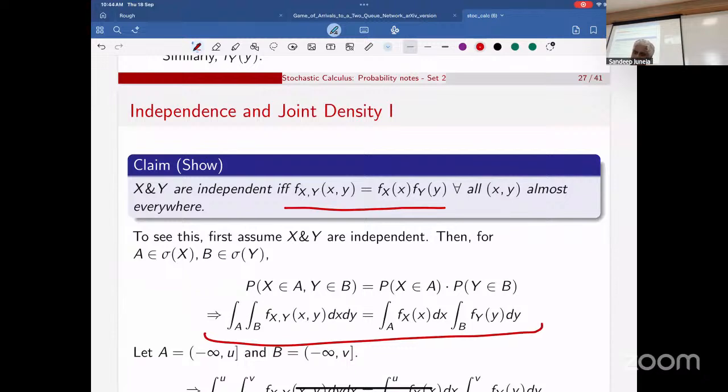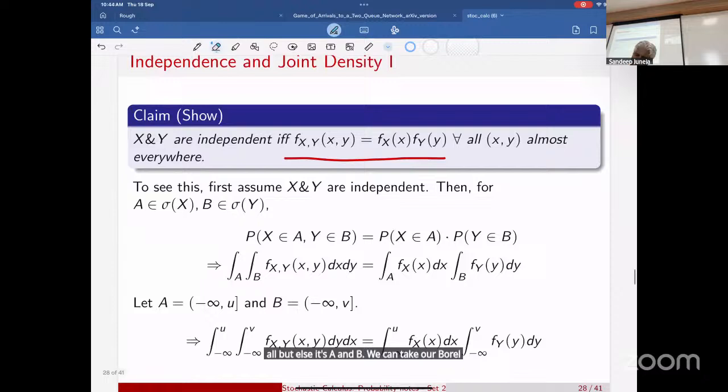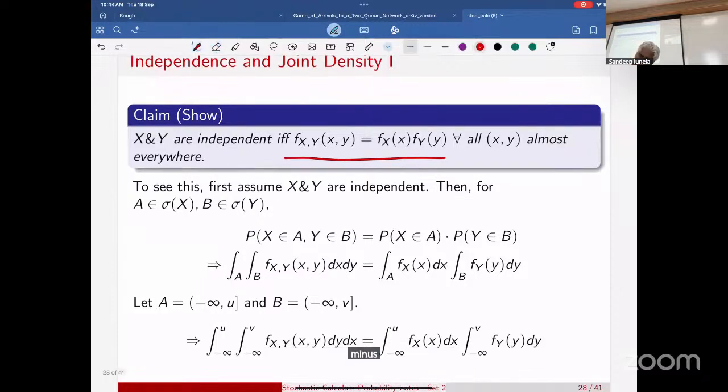When X and Y have a joint density function, then this probability is exactly given by this expression. So we have this already for all Borel sets A and B. We can take our Borel sets to be minus infinity to u and minus infinity to v, right?